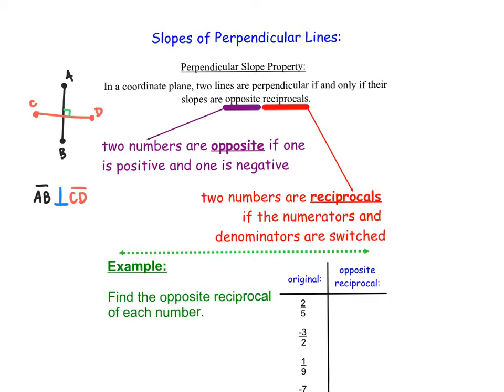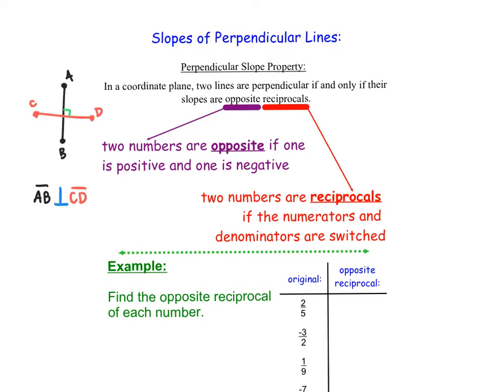So let's talk about what opposite reciprocal means. So opposite reciprocal means two numbers are, well, first of all, opposite if one is positive and the other is negative. So if the two slopes have opposite sign and they are reciprocals, which means the numerator and denominator are flipped.